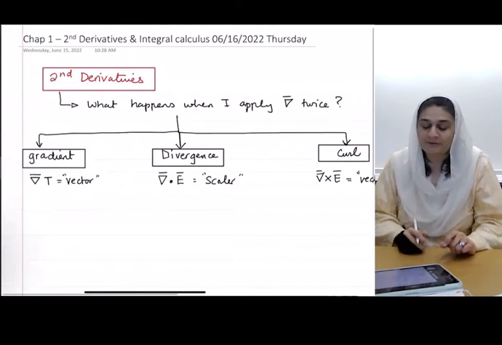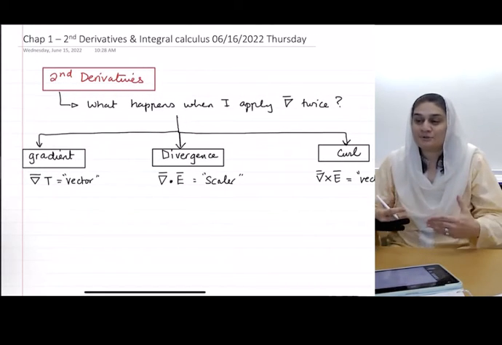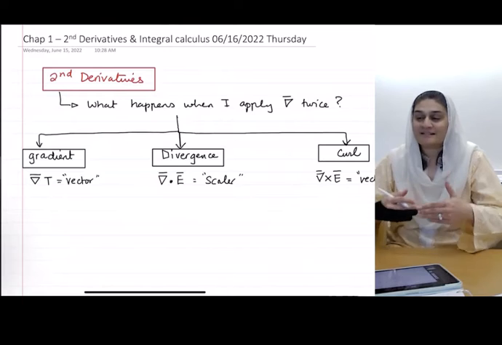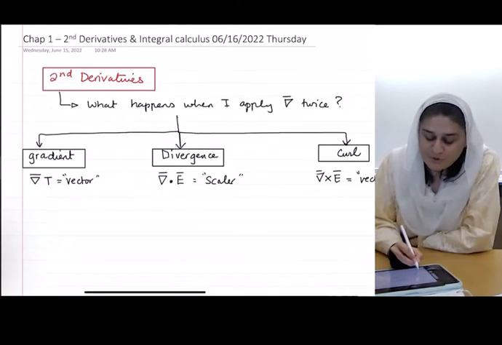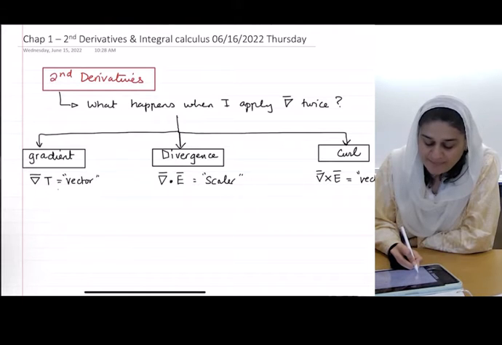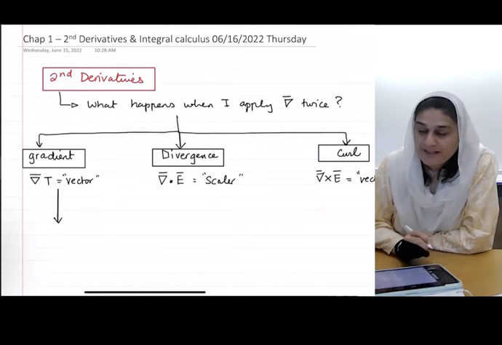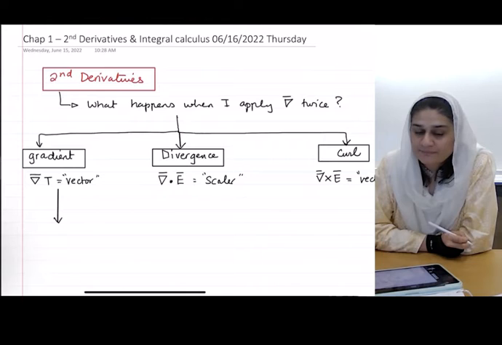Now, what do I have to do if I have to apply this del operator again? In the case of the gradient, the answer is a vector.